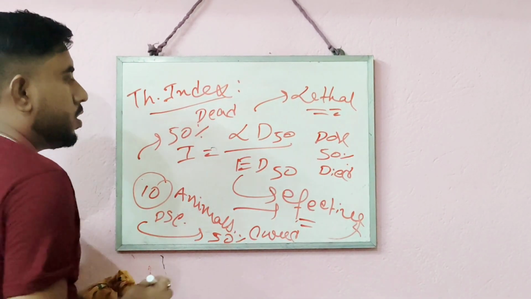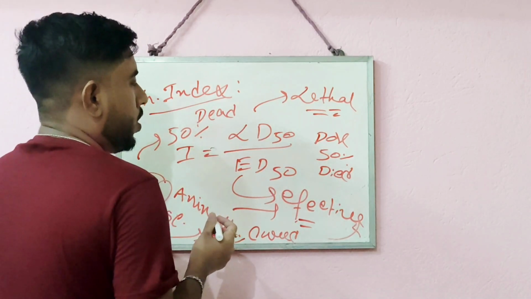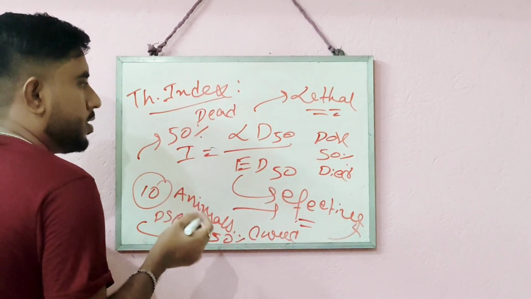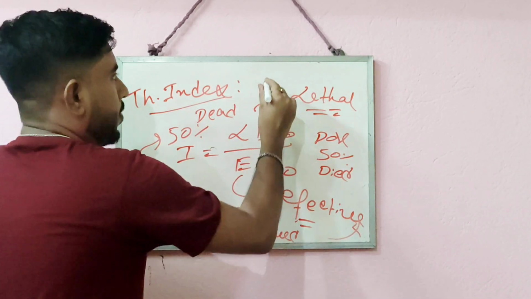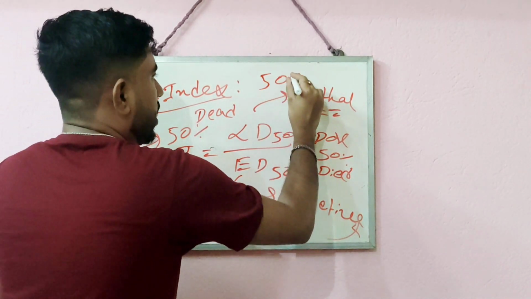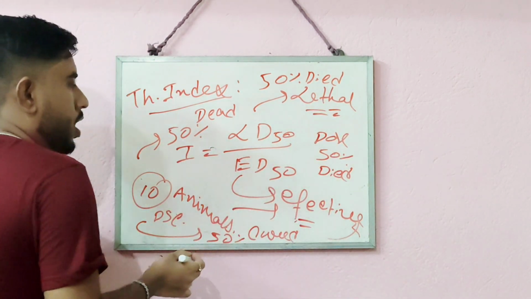So what is lethal dose and what is effective dose? The dose where, when you are giving the drug to the animals, 50% of them are killed or died, that is called the lethal dose.